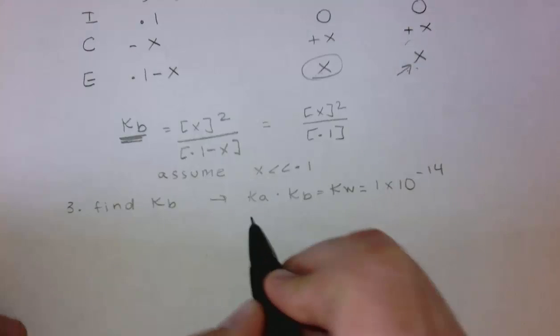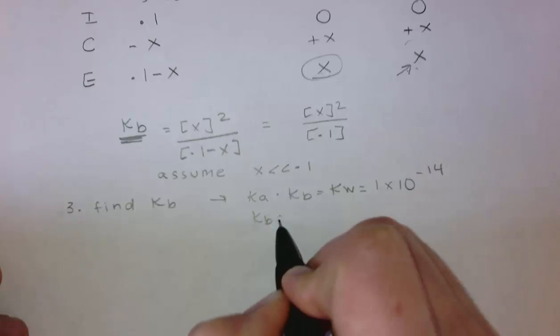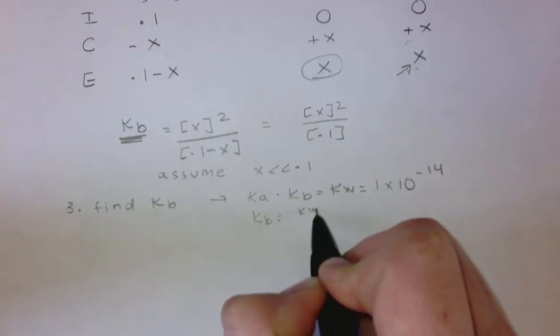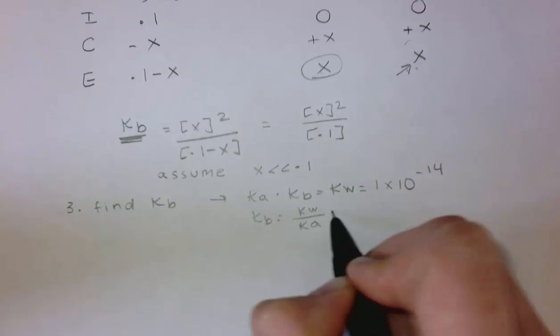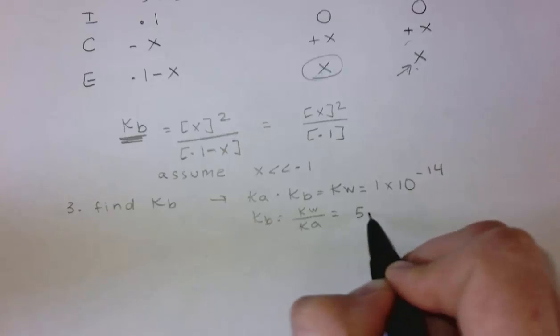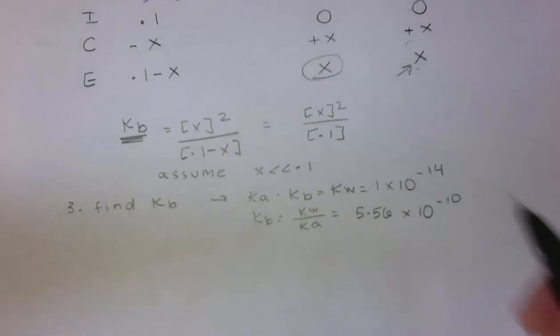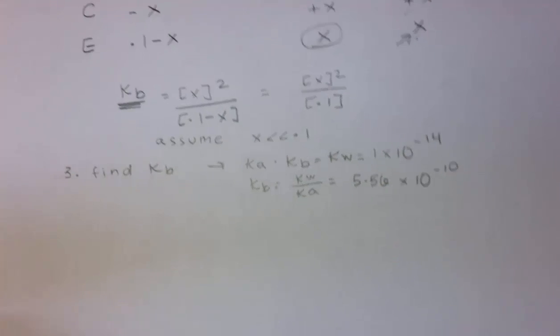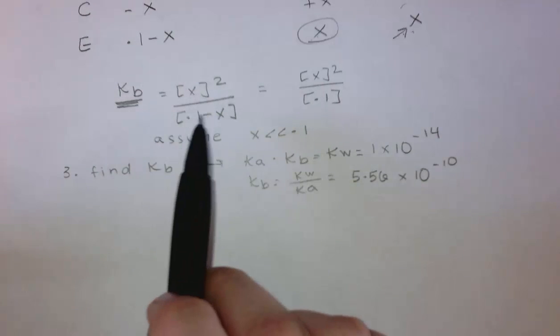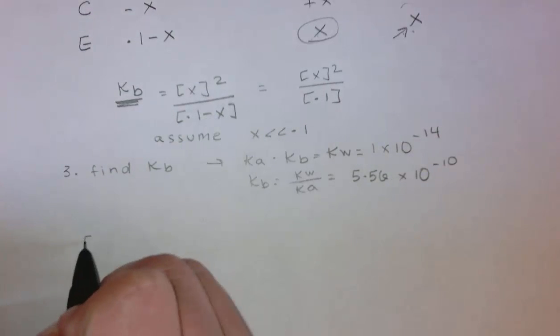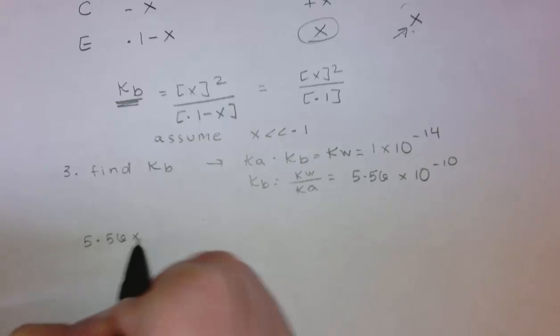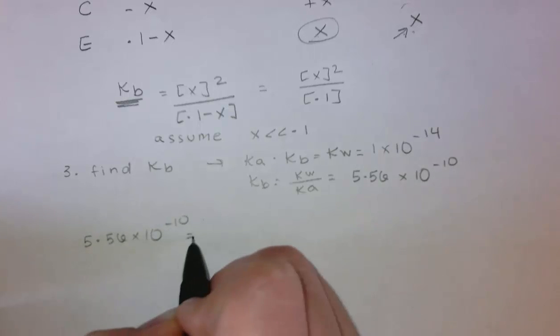So we know that Kb is just going to equal Kw over Ka, and I get this equals 5.56 times 10 to the negative 10. So now that we have Kb, we can solve this equation for x. I'll plug in what Kb is.